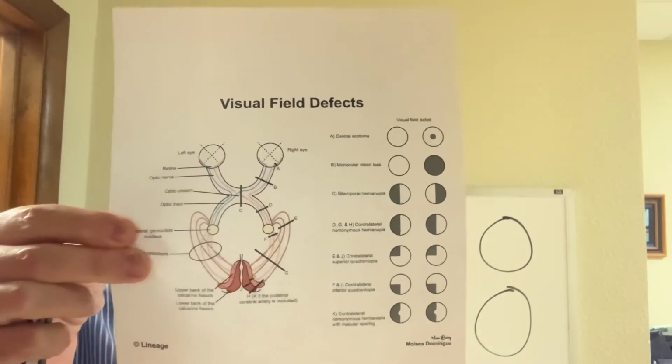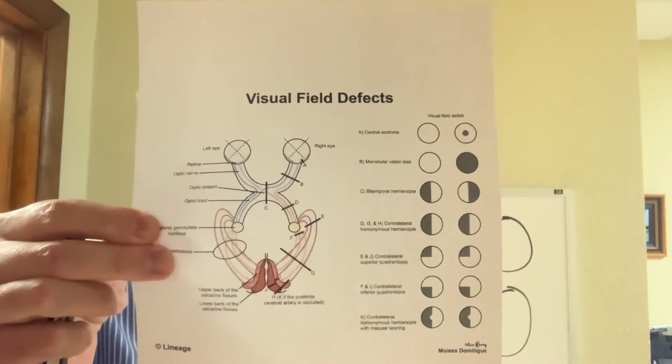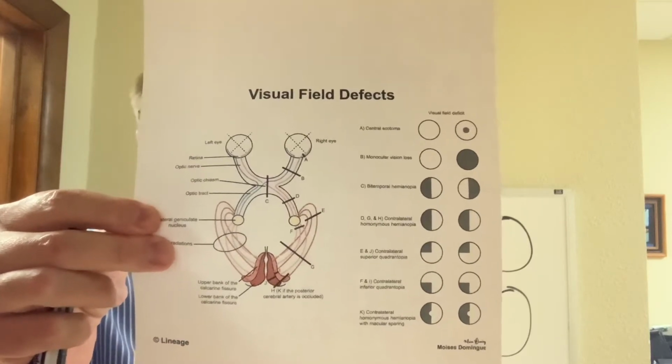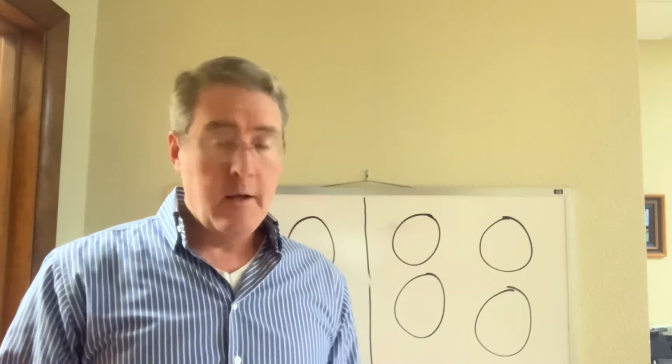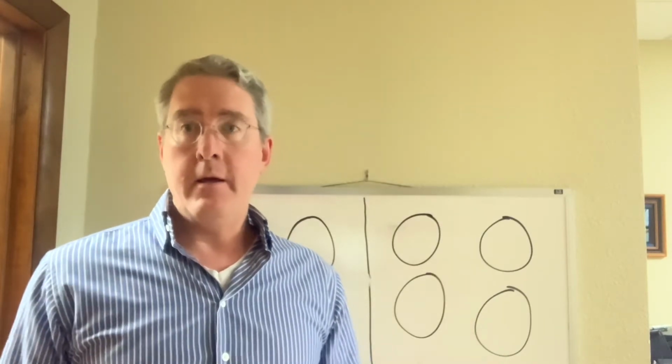You can learn where the lesion might be if it's related to the lateral geniculate nucleus, or if the posterior communicating artery may be a problem. You can show off to your friends and family. But frankly, this gets pretty complex, and if you're in the clinic or in the emergency room, it really doesn't help you that much.